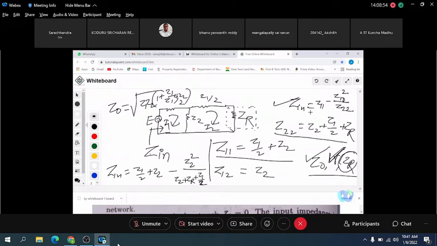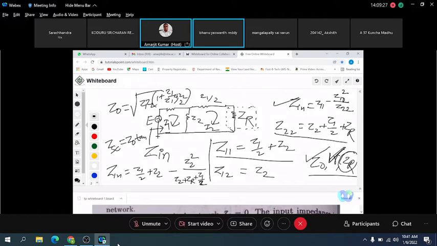What will be the formula? Tan gamma. So yes, Z short circuited is equal to Z0 tan... hyperbolic gamma, or gamma?